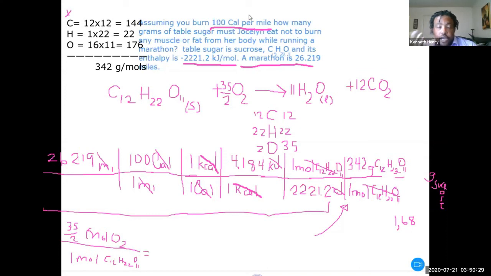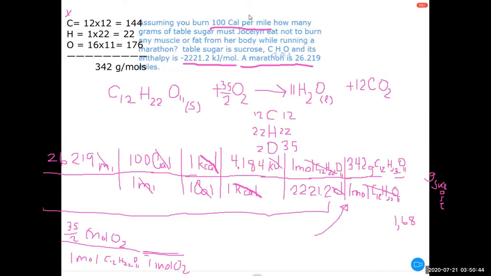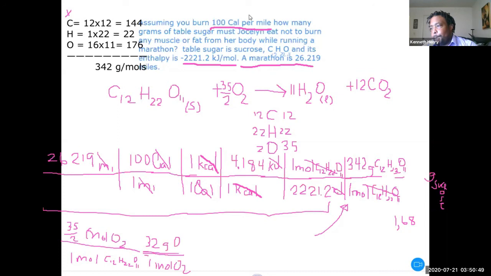And then that would give us moles of oxygen, or if we wanted grams of oxygen, we just convert that, 1 mole of O2 to 32 grams of O2. That's if you were asking for oxygen, correct? That is correct. In which I'm allowed to ask for anything I want to, right? Yes. You guys should be able to get it.